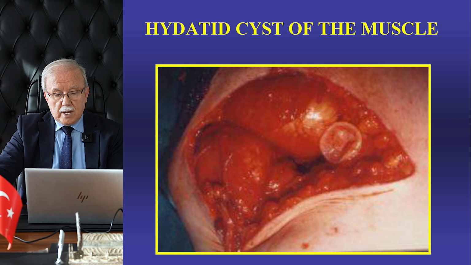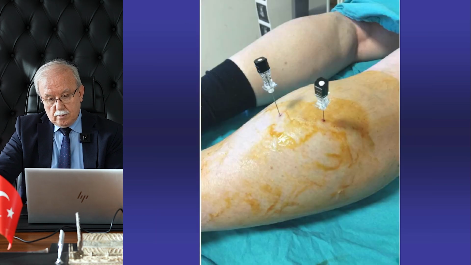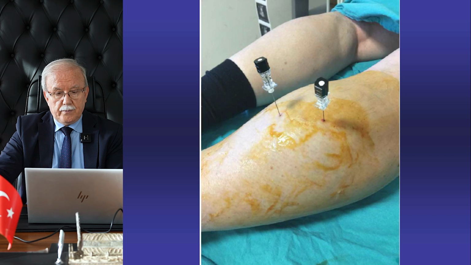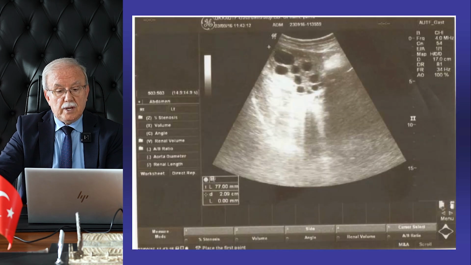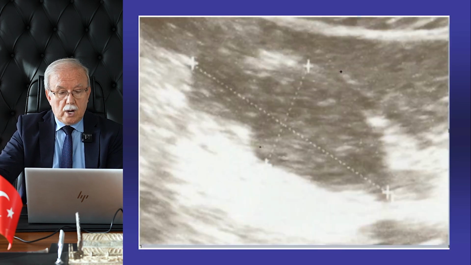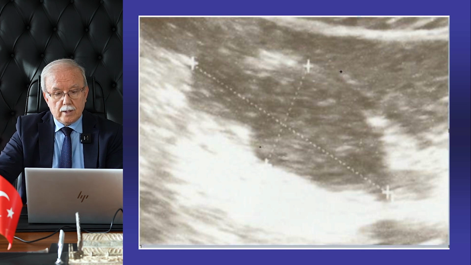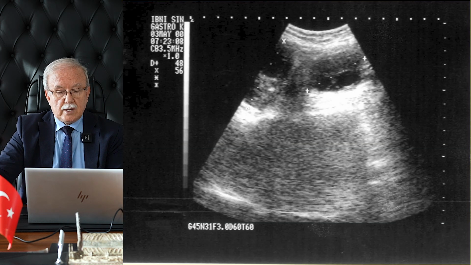There are several muscle hydatid diseases we treated. You see here in the right leg muscle, type 3B. There are many daughter cysts among the matrix. After the treatment, solidified totally. There are two type 3B hydatid diseases side by side.